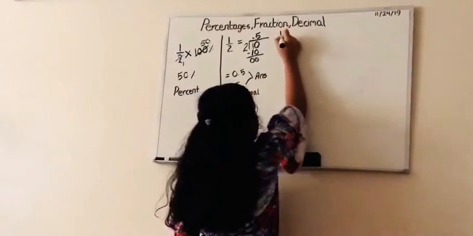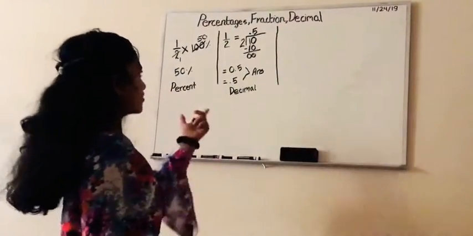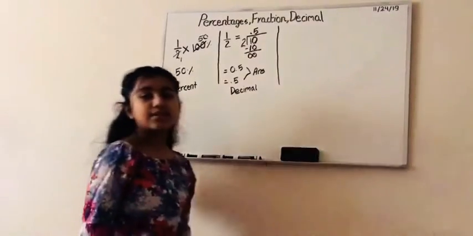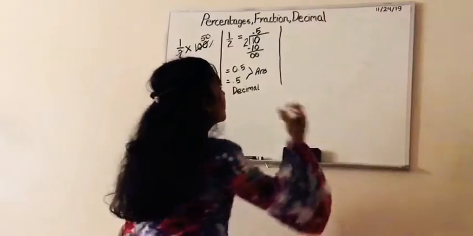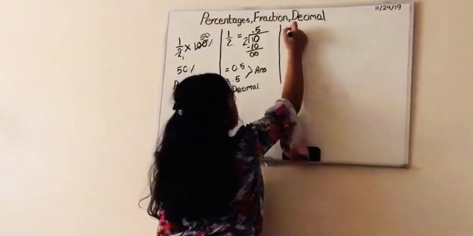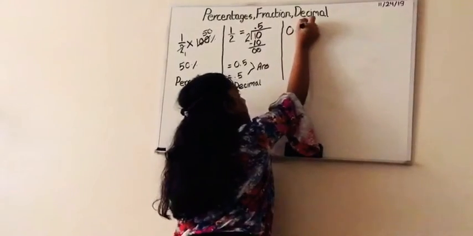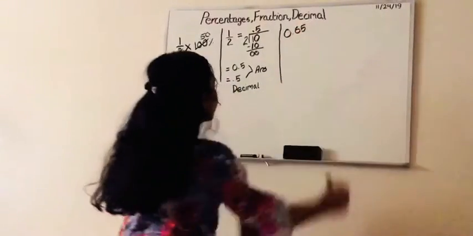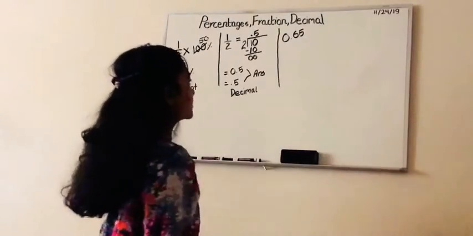Okay, so now let's move on to fractions. So let's write a decimal, for example, 0.65. And it's very, very simple to turn this into a fraction.